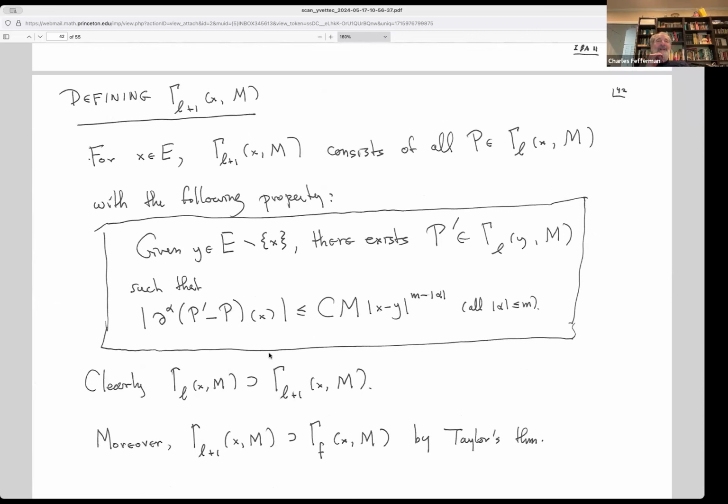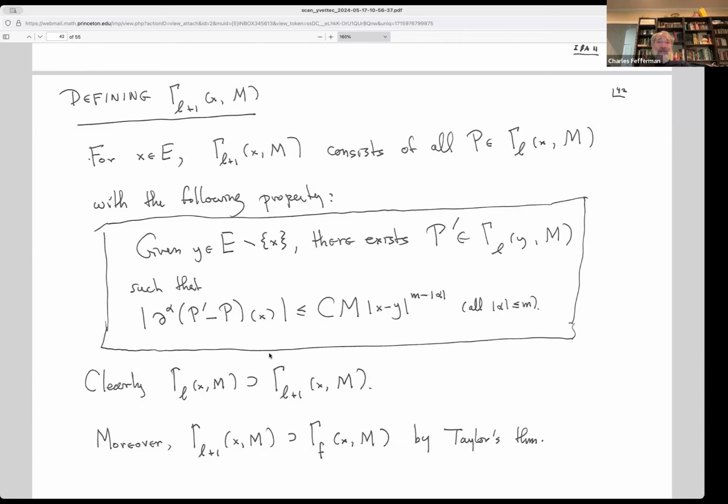So look in the box. Given a y in E other than x, there exists a p prime in gamma L of ym that satisfies the estimate that you see on the slide. Now, that's the definition of gamma L plus 1.